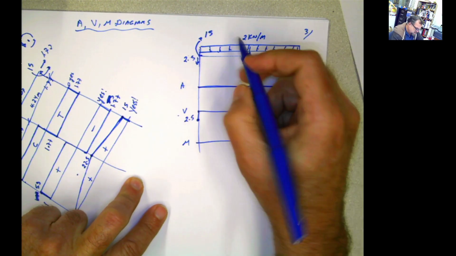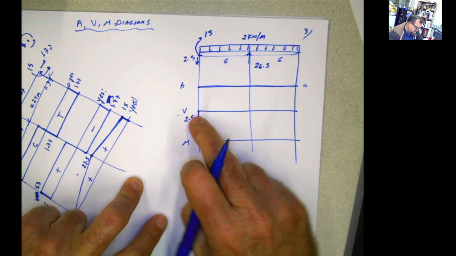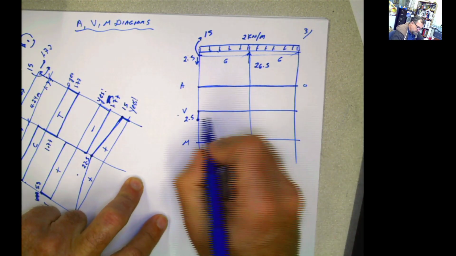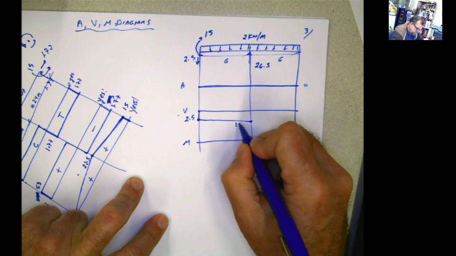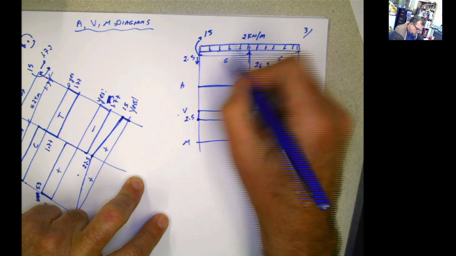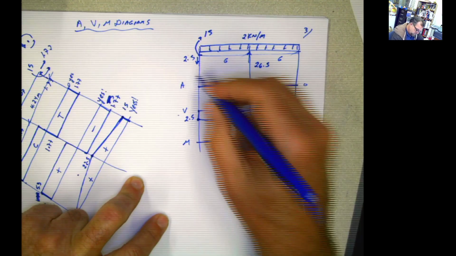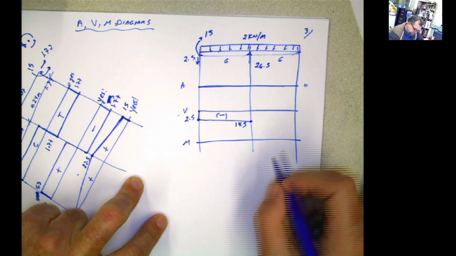These distances are 6 and 6. So it's 12. 12 negative, and 2.5 negative is going to bring it down to 14.5, the area of this load, negative, and this 2.5 negative is 14.5.